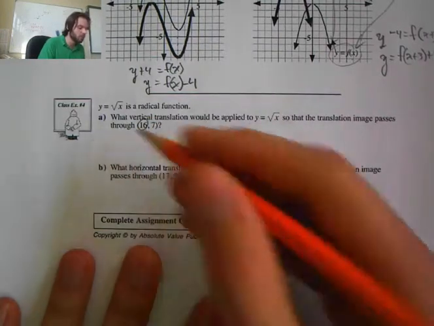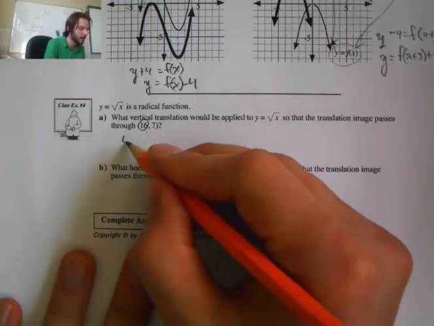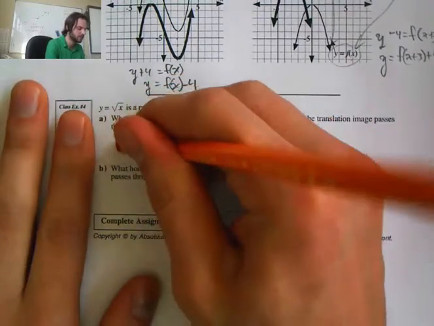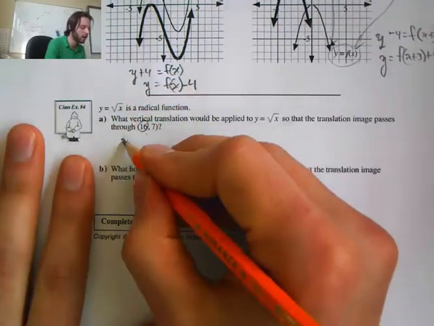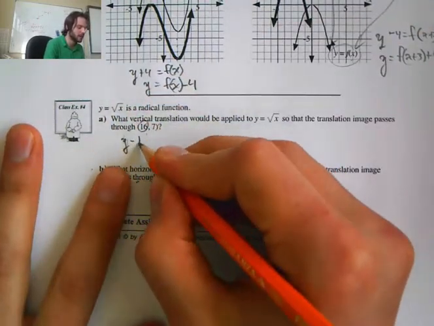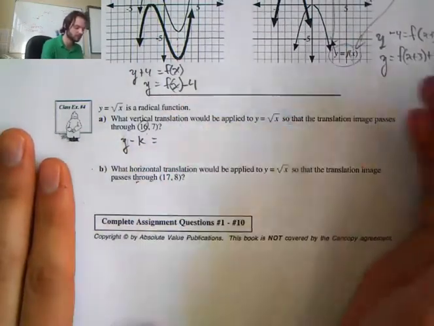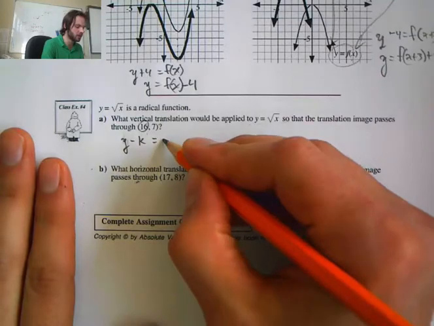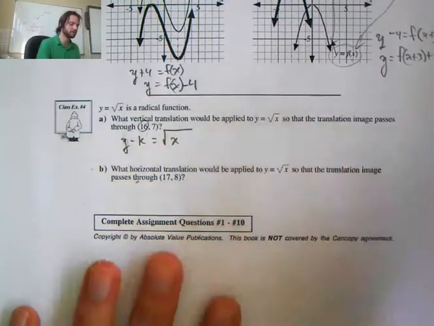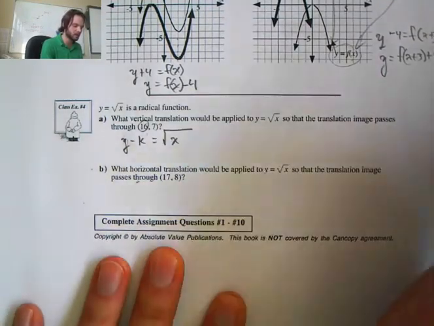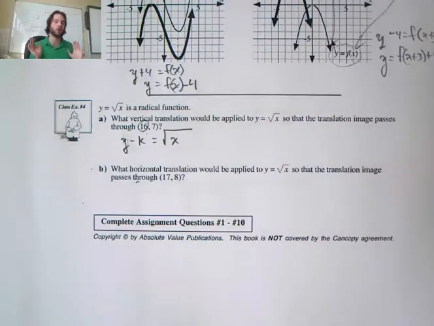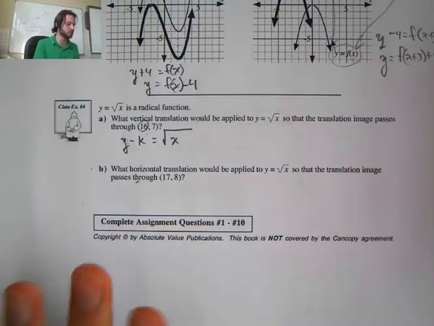So we're going to have y minus k is equal to, I'm just putting my formula, square root of x, and that's it, because there's no horizontal transformation.